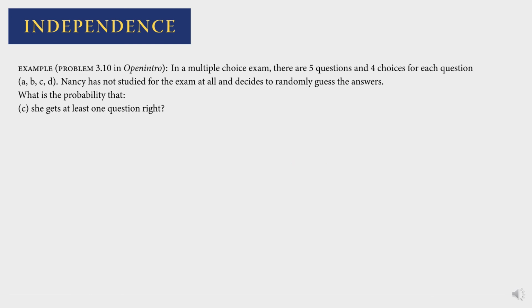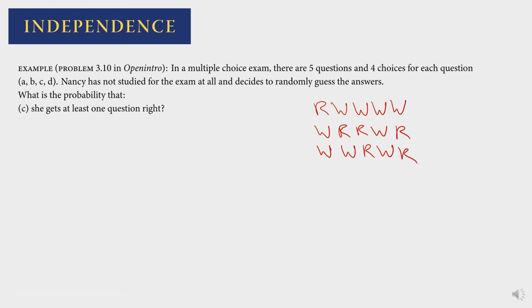Finally, we want the probability that she gets at least one question right. If you think about all the sequences of answers that have at least one R, there are a lot of them. She could have R, W, W, W, W, or W, R, R, W, R, or W, W, R, W, R, and so on and so on. Anything that has at least one R is a possibility.